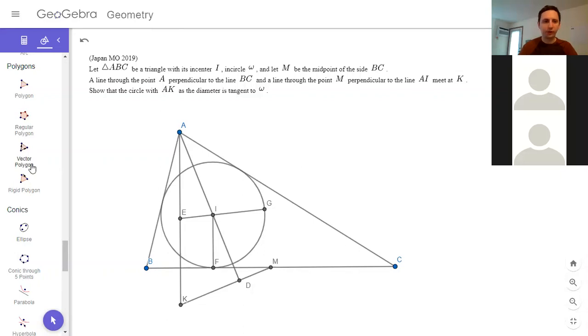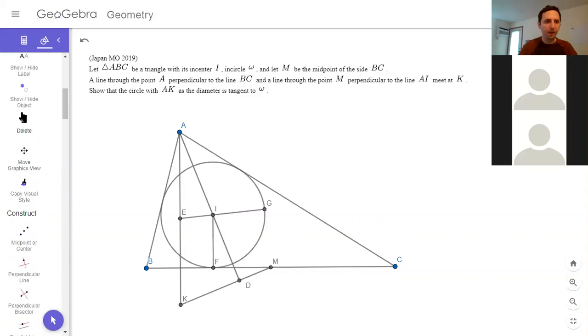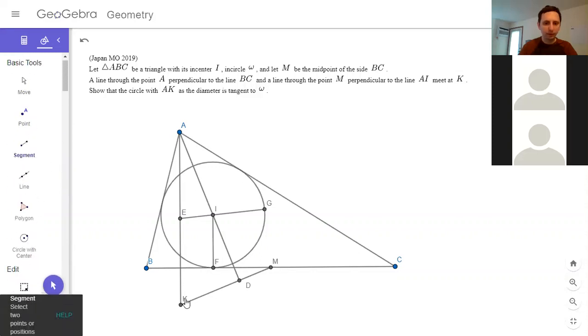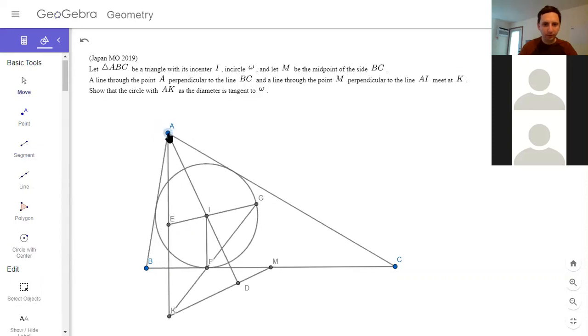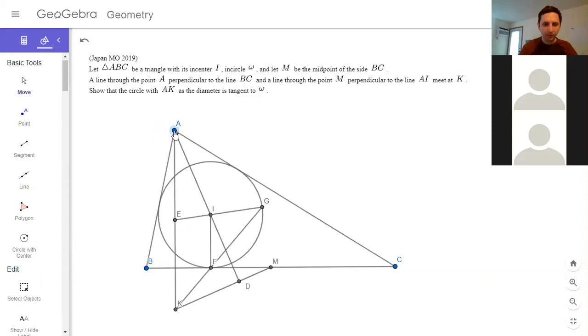Are KF and G collinear? Possibly. Let's check it out. Sure looks like it. Yes, KF and G. How do we prove that they are collinear?